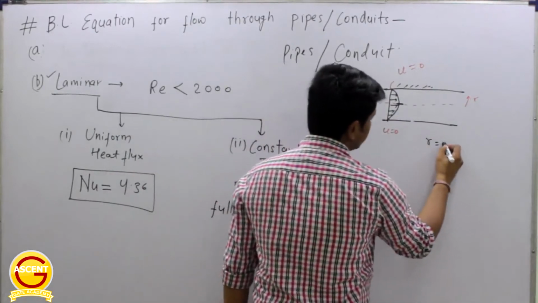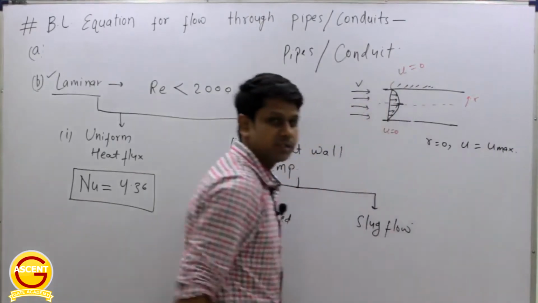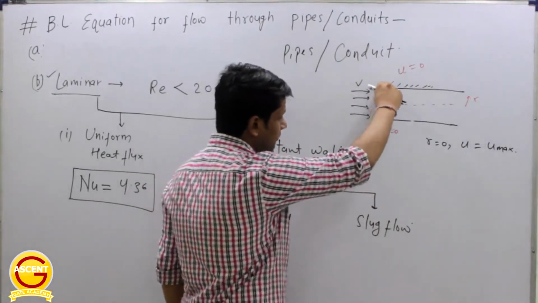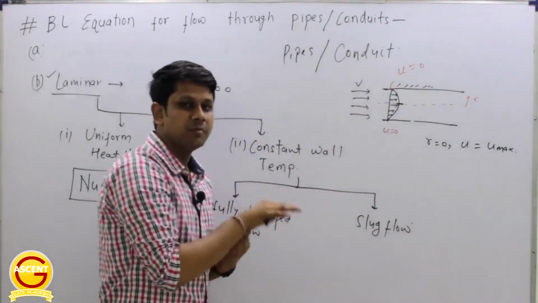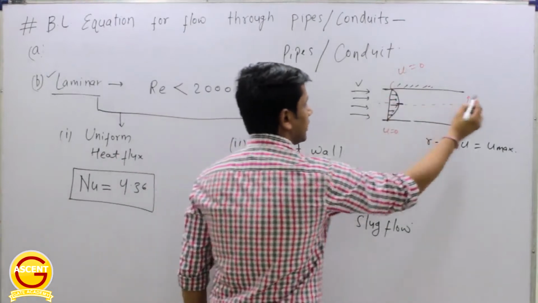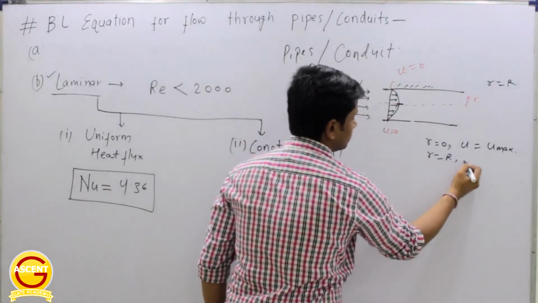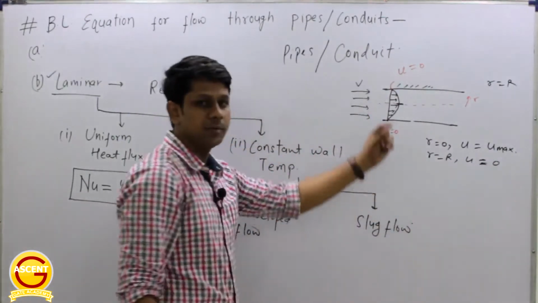So at r equal to 0, this u is equal to u max, right. So these things you will study in fluid mechanics, I am just giving you an overview. So this is the variation of velocity profile. At r equal to 0, the velocity of fluid will be maximum, and at r equal to, let us say, capital R, the velocity will be equal to 0, right, because of the no slip condition.